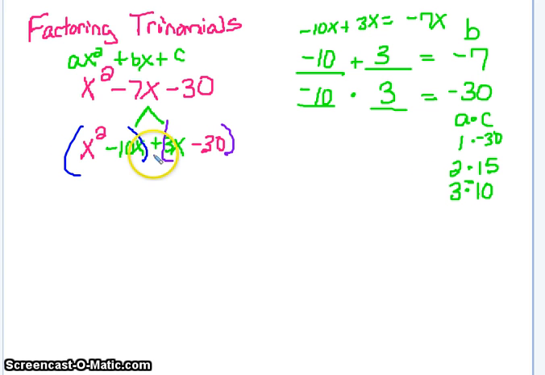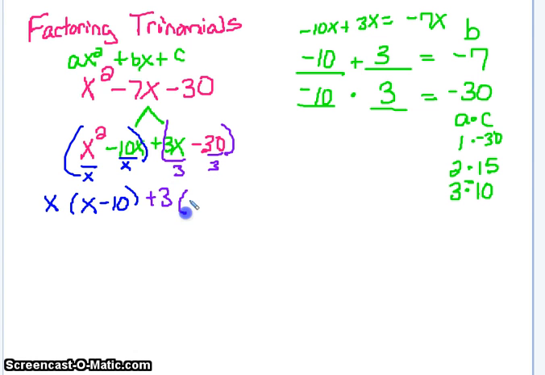My first 2 have a greatest common factor of, hopefully you said x. So I divide both terms by x, and it leaves me with x minus 10. My second 2 have a greatest common factor of 3. Hopefully you factored out a 3.